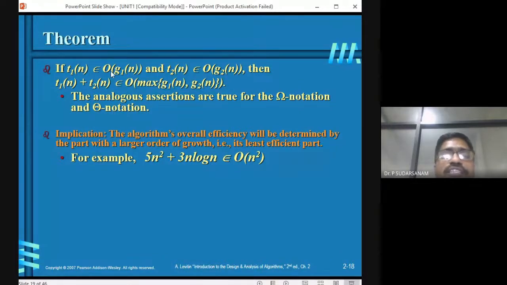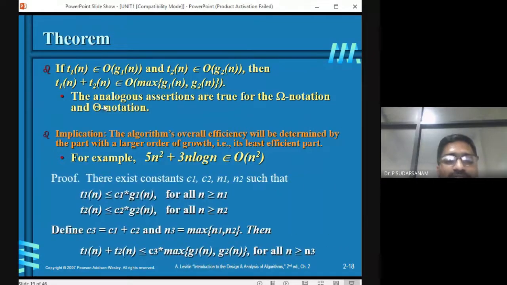So what you have to do is write this definition and this definition. Once you add t1 plus t2, you have to show that it belongs to order of maximum of g1 of n, comma, g2 of n. You have to take some arbitrary values a1, a2, b1, b2, according to the mathematical definitions, and prove it.